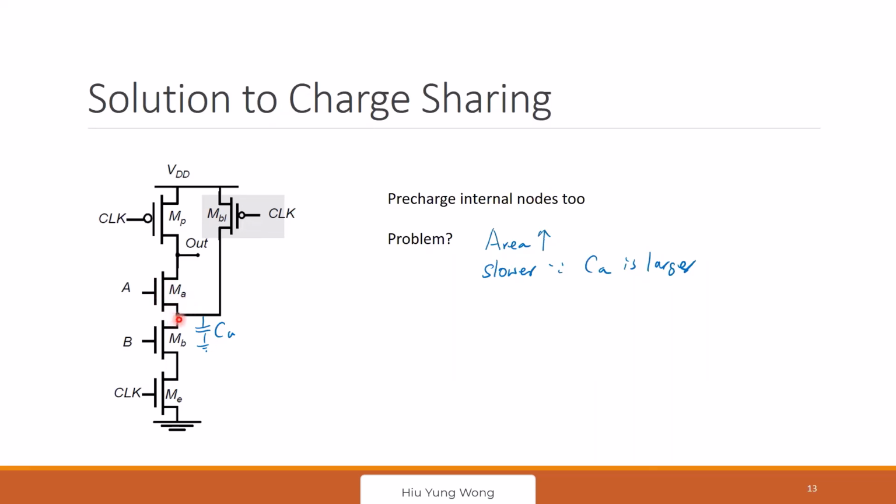But what else do you see at this node? Do we also see the drain capacitance from the pre-charge transistor? Yes, because we also see the drain capacitance of the pre-charge transistor, right? So now you do have the gate drain capacitance here, right? You did not draw it, but whenever you connect one transistor to another, you immediately know that it's not that simple. You are adding an extra capacitance to me. Okay.